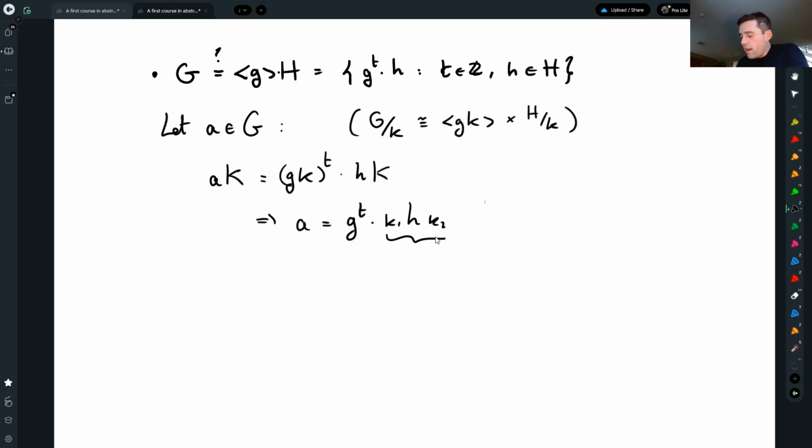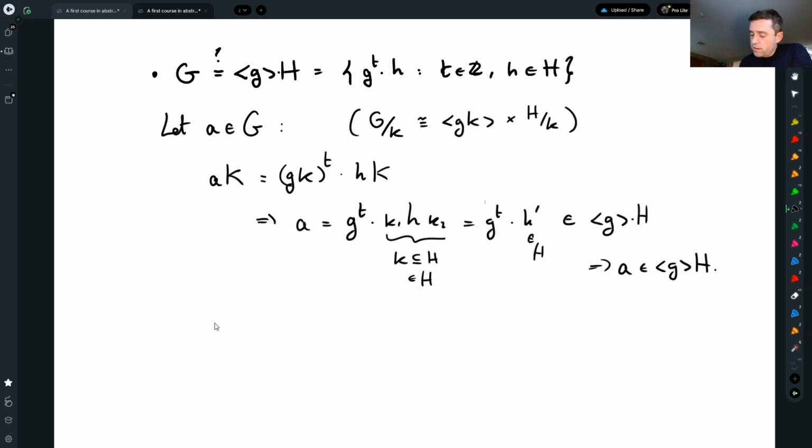But K is contained in H, so all of this is in H. So this is some G to the T times some H prime with this in H. Therefore, this does belong to the powers of G times something in H. And therefore, A does belong to that product, and hence G itself is this product.